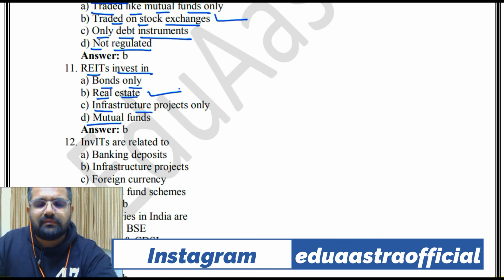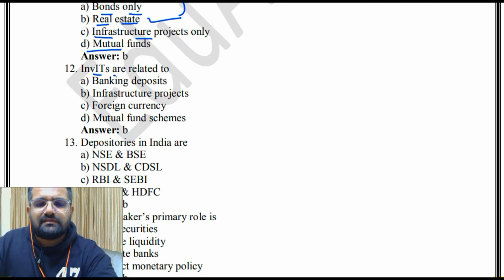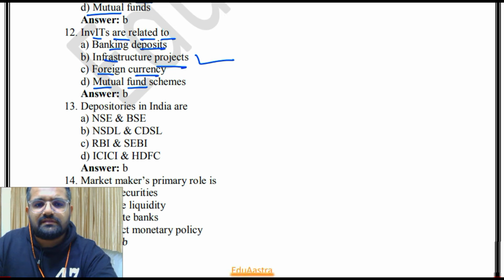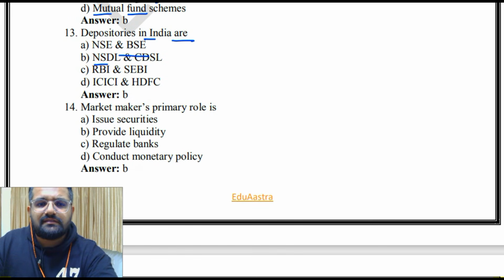So the answer is, we studied this, real estate. Then InvITs are related to banking deposits, infrastructure projects, foreign currency or mutual funds. So infrastructure projects. Then depositories in India are NSE and BSE, NSDL and CDSL, RBI, SEBI or ICICI and HDFC. So the answer is NSDL and CDSL.